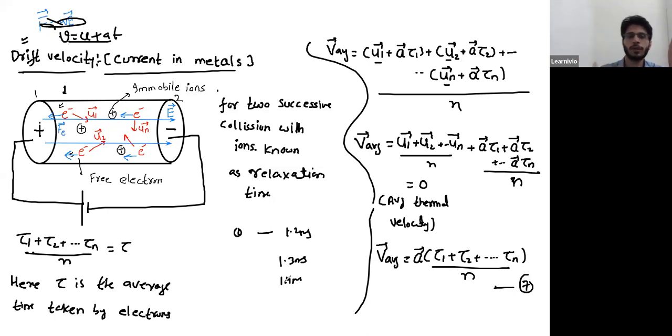That's what I'm doing. Tau 1 is the time taken by the first electron in 2 collisions with the ions. Tau 2 is the time taken by the second electron for 2 collisions with the ions. Similarly, tau n for the nth electron. But tau is the average for the conductor. Like tau 1 is this, tau 2 this, tau 4 this, and tau comes out to be 1.268. So I would say that on an average, all electrons inside this conductor collide with 2 ions in that time.